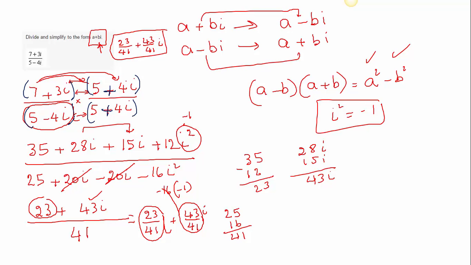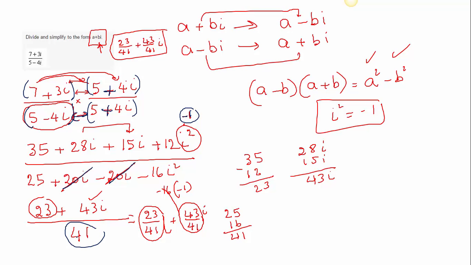Then you can simplify the i squared because it is negative 1. And simplify the denominator because these two will cancel. 25 plus 16, because negative 16 times negative 1 will make it plus 16, gives you your 41.